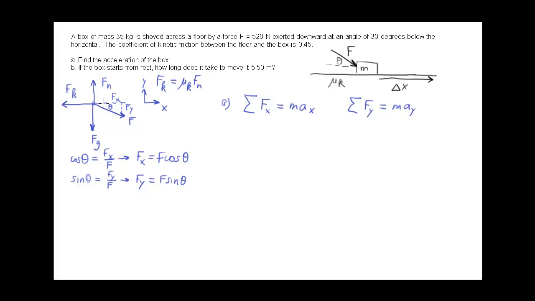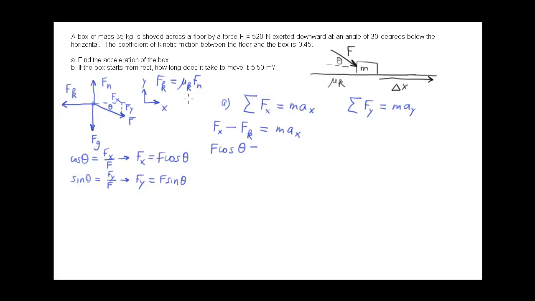In the x direction we've got the x component of the force F, and I've called it F sub x, and we'll substitute for it in a minute because we know it's F cosine theta. We've also got, pulling to the left, the frictional force, the sliding friction force. So F sub x minus F sub k is m a sub x. So F sub x, we already know that's F cosine theta.